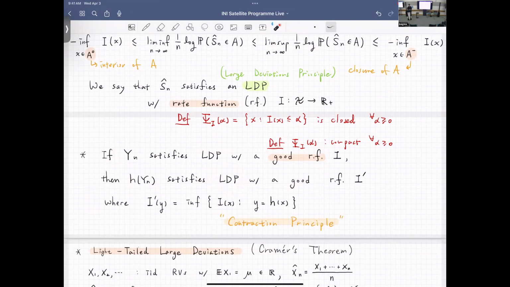The new rate function, though, is in this form: the infimum of the original rate function over the x that gives you y. So it's the inverse.